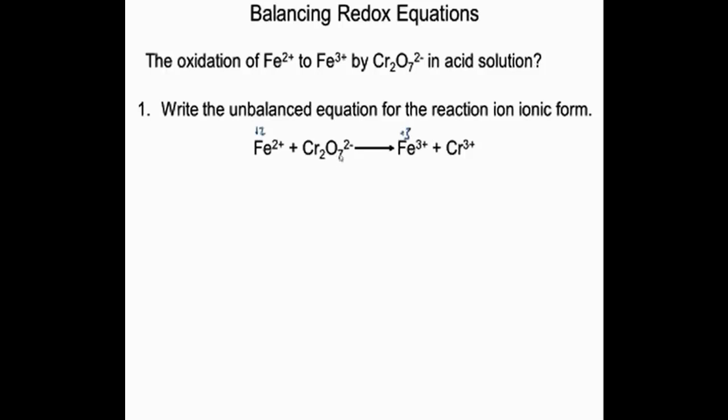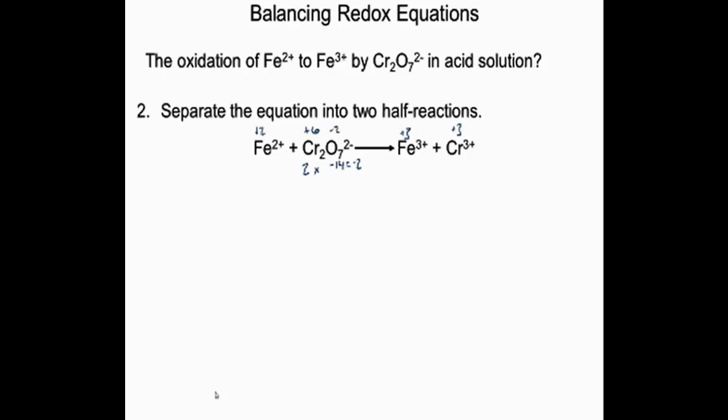And then over here, oxygen, we have 7 of them, but oxygen is by itself a -2, but there's 7 of them, so really it's a -14. And this overall is a -2, so 2 times what -14 equals -2? Well, chromium in this case is a +6. And over here, chromium ion is a +3.